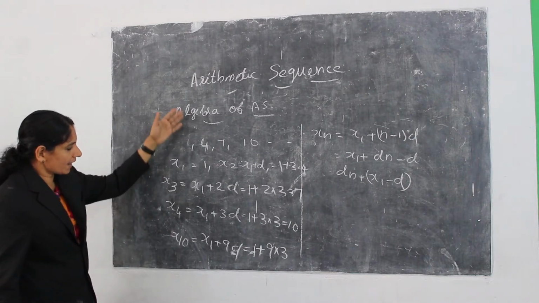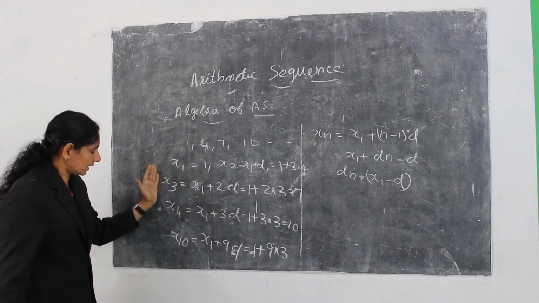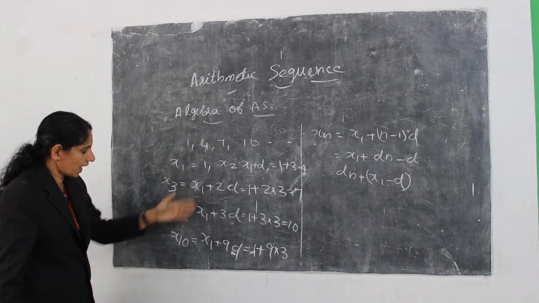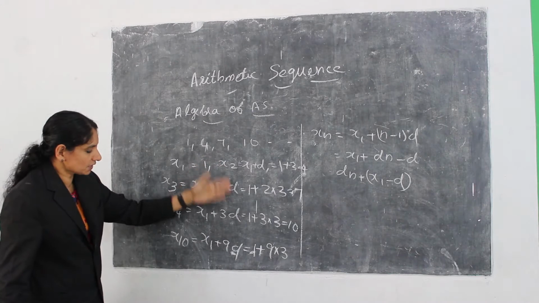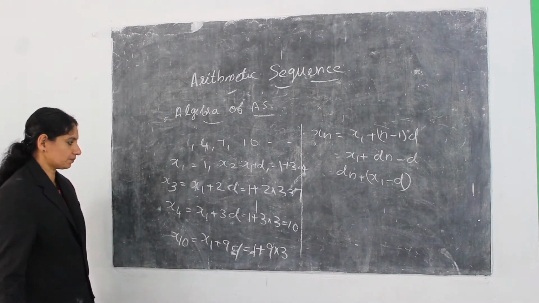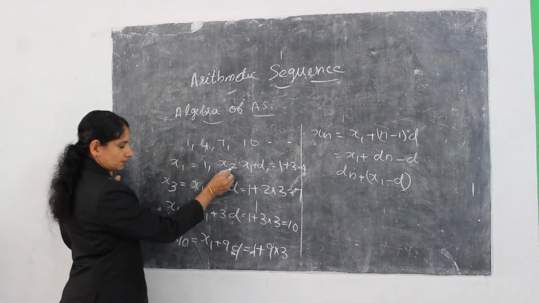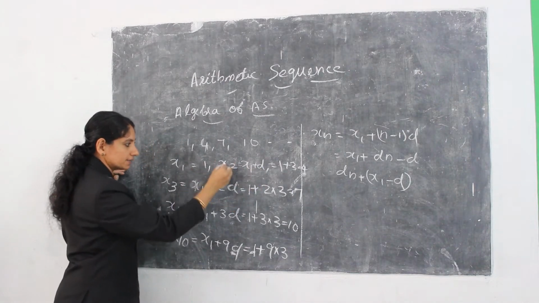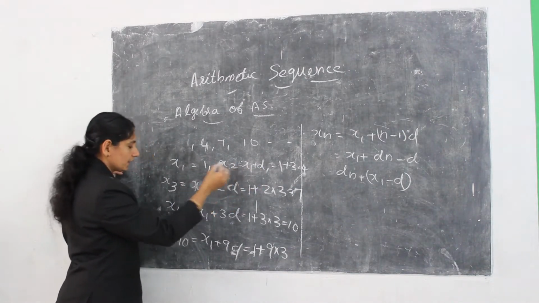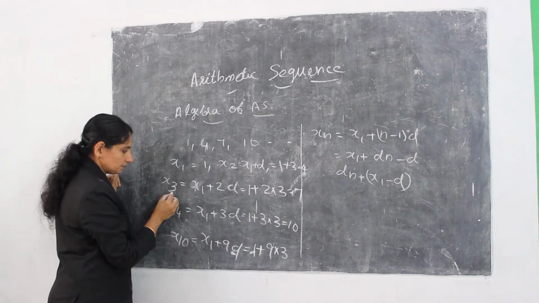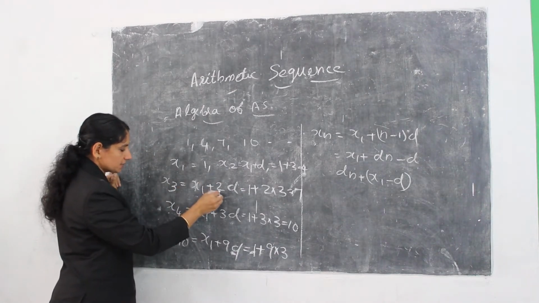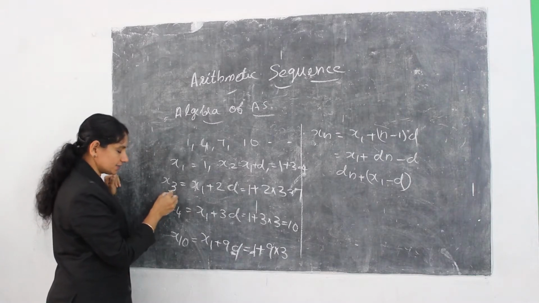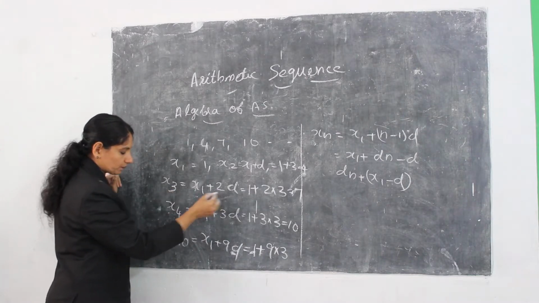Then, if we analyze these terms, the positions of the terms, and the number of times we add the common difference: to the second term we add the common difference one time, that is one less than the position number. Again the third term, we add 1 less than this 3, that is 2.